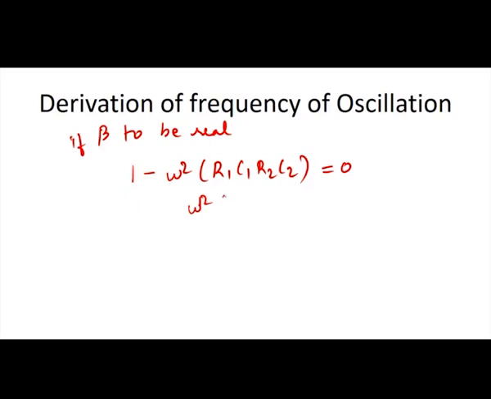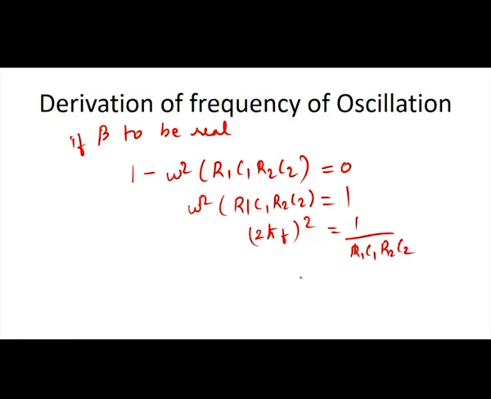Omega squared R1 C1 R2 C2 is equal to 1. Omega squared is actually (2 pi f) squared, which is equal to 1 by R1 C1 R2 C2. So f squared is equal to 1 by (2 pi) squared R1 C1 R2 C2.